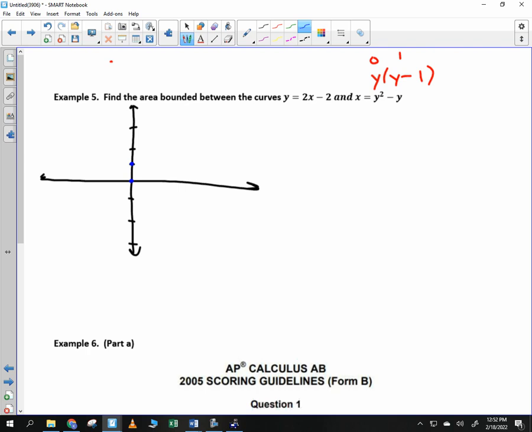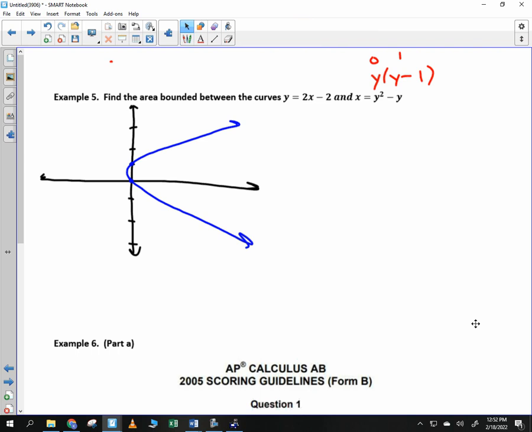So as I draw this parabola, I get something that's about that shape. We okay with that? Not too bad. It's positive y squared, so I knew it's going to go to the right as opposed to the left. And then I have y equals 2x minus 2.